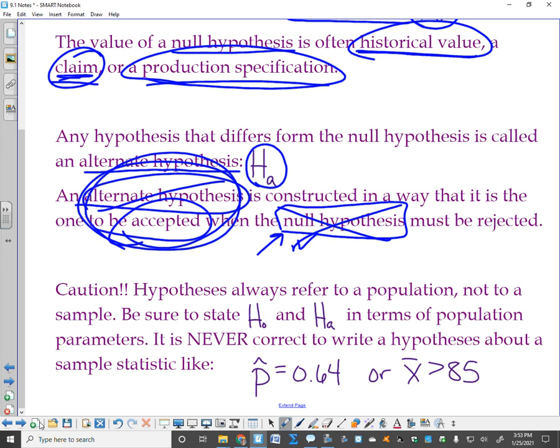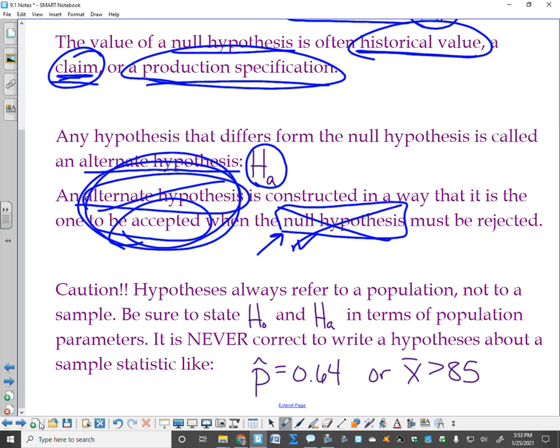Be sure to state H sub 0 and H sub A in terms of population parameters, so either p or mu. It is never correct to write a hypothesis about a sample statistic like p hat or x bar.